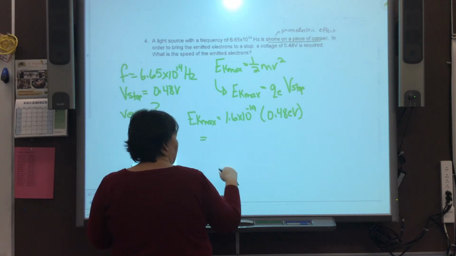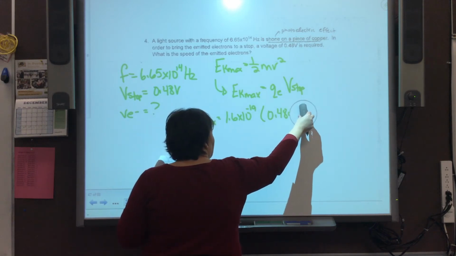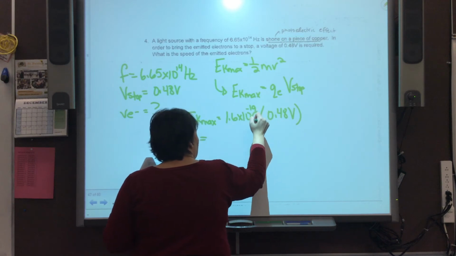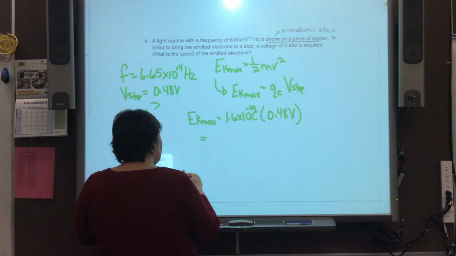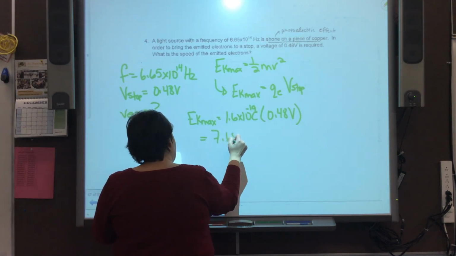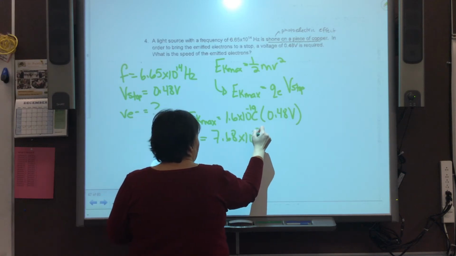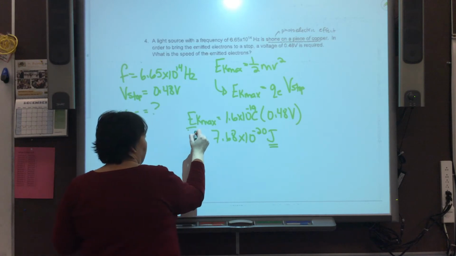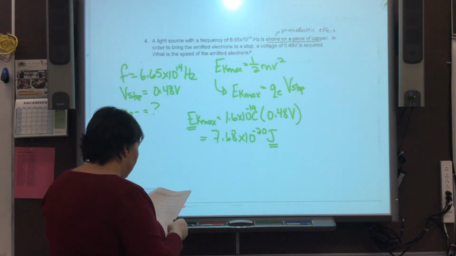Not electron volts, sorry, volts. And this is coulombs. We get 7.68 times 10 to the negative 20 joules, because joules is what EK max is always written in.